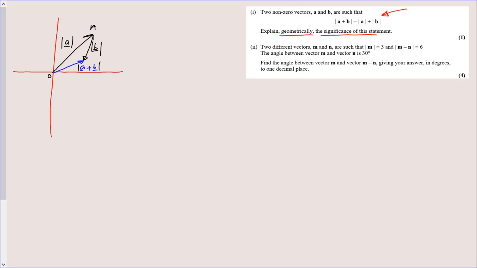So for our situation here, we need to have the vectors, so this is going to be my vector A here, and this is my vector B here.